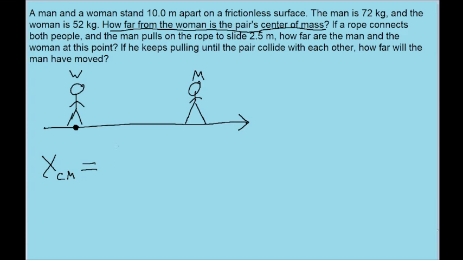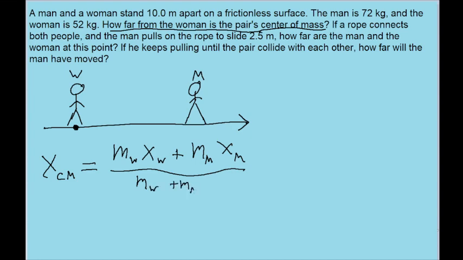The general formula for the center of mass tells us that it is equal to the sum of the products of the mass of each element of the system times its position. So the mass of the woman times the position of the woman plus the mass of the man times the position of the man, all divided by the total mass of the system, so divided by the mass of the woman plus the mass of the man.